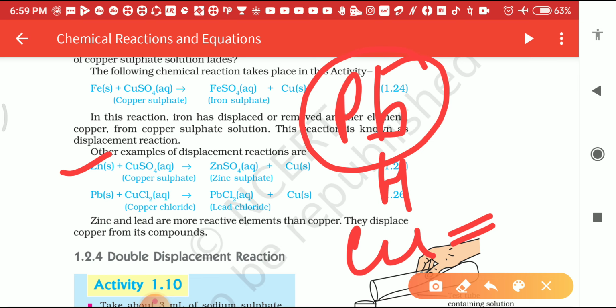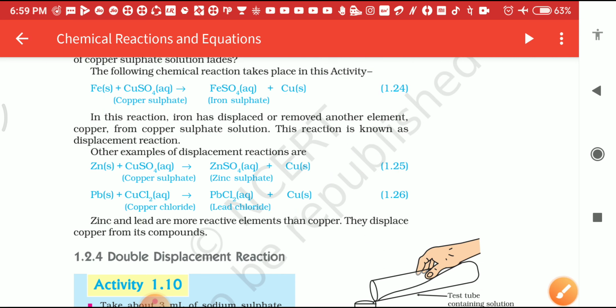Below hydrogen, all are the least reactive metals, and just above hydrogen are the more reactive metals. I hope students you will understand displacement reactions better.